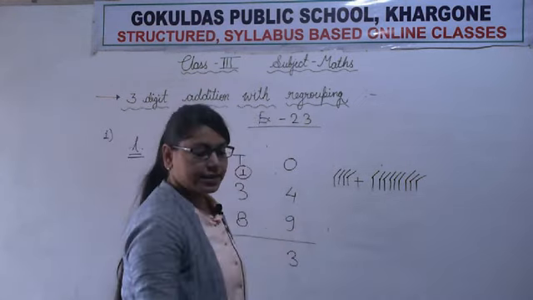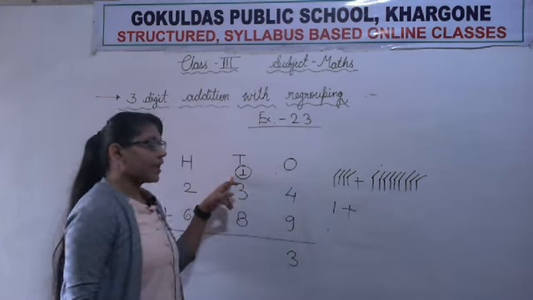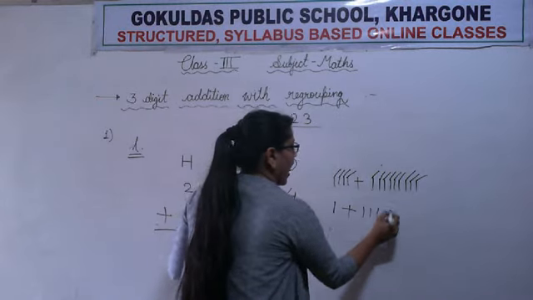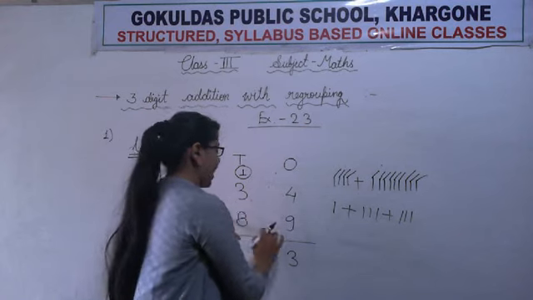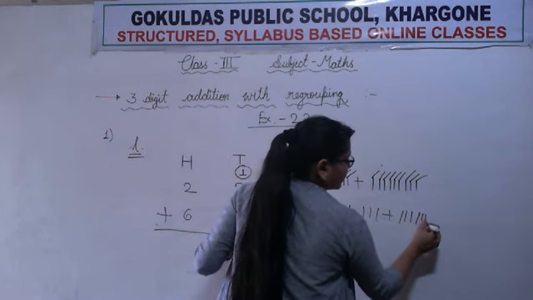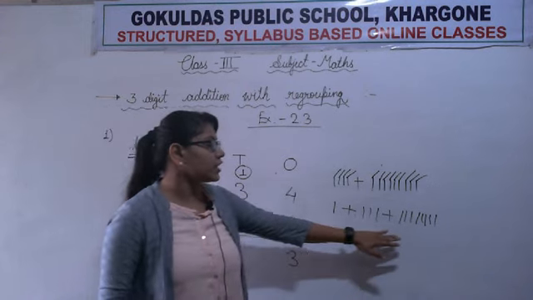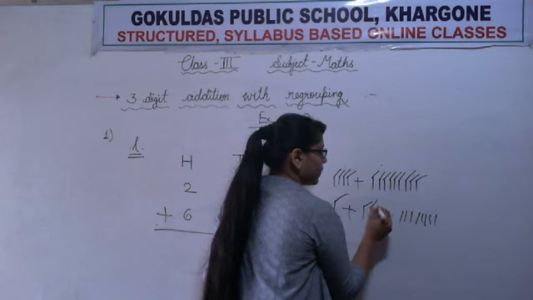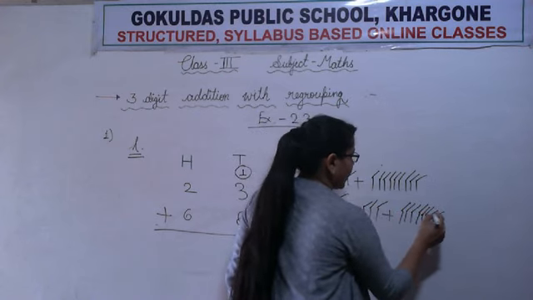Now it's the turn of the tens column. The very first number here is 1 in the form of carry. The second one is 3 and the last in the tens column is 8. So we draw 1, 3 and 8 sticks. Now let's count: 1, 2, 3, 4, 5, 6, 7, 8, 9, 10, 11 and 12.